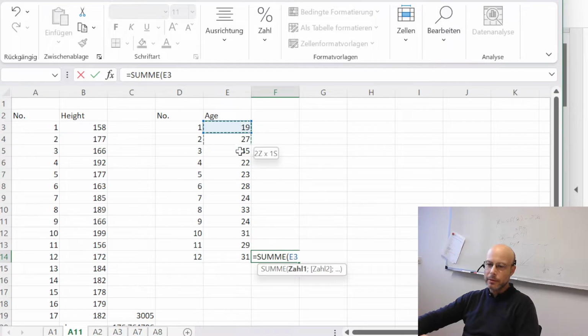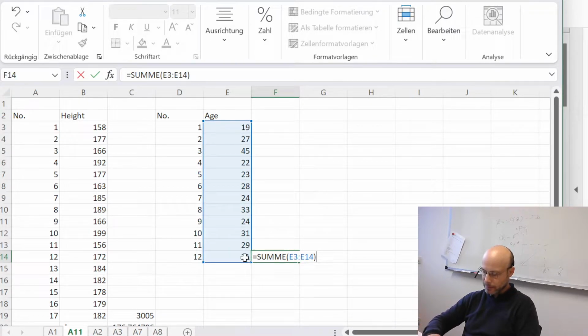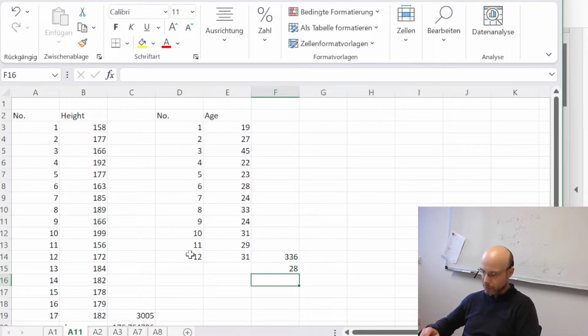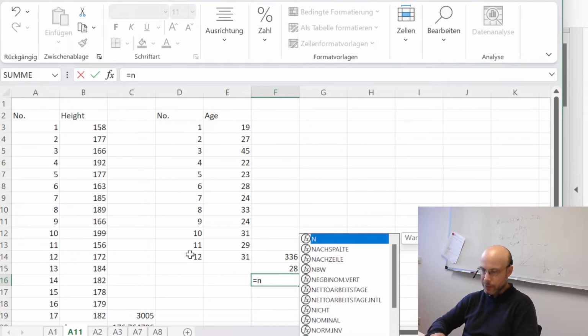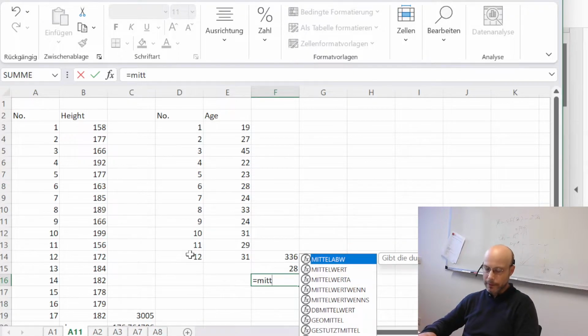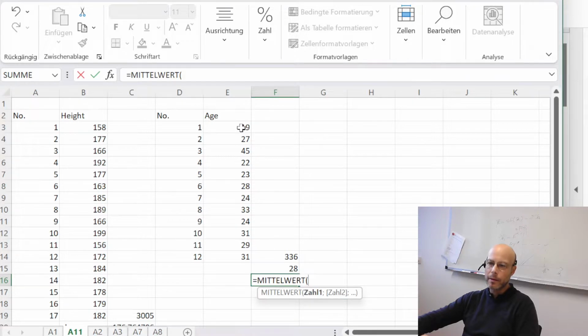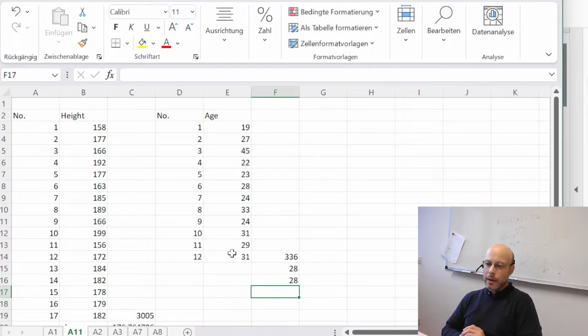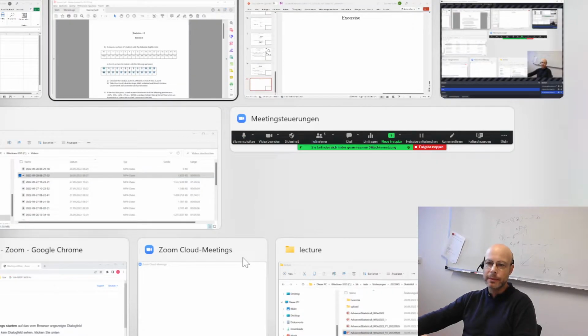Summation, and this divided by 12. Or of course, just the mean of these numbers, and the average age would be 18. So of course, very simple.